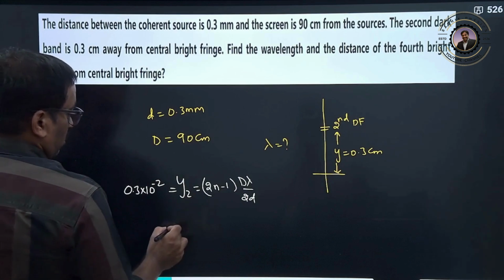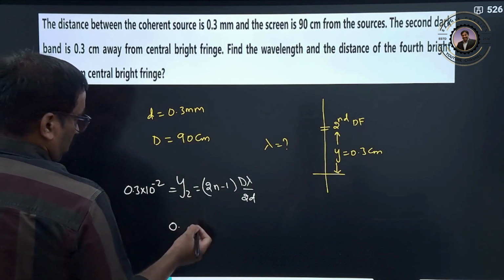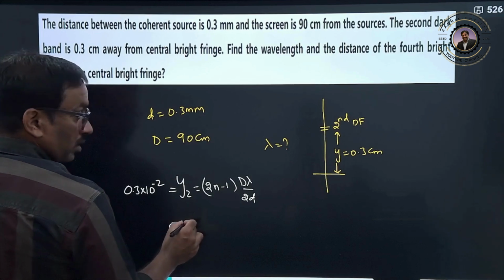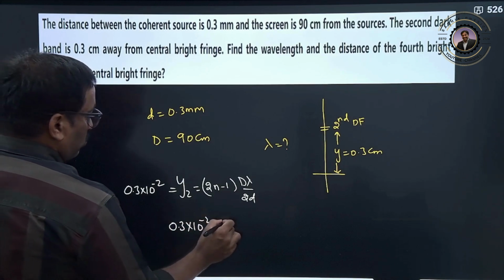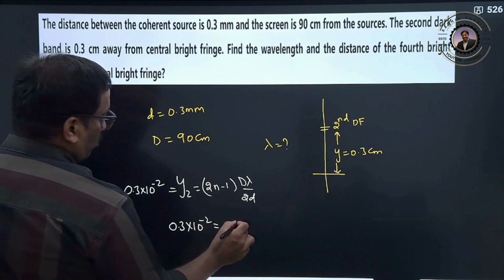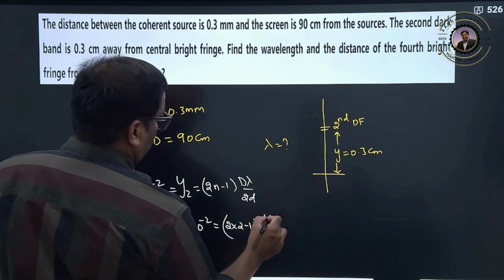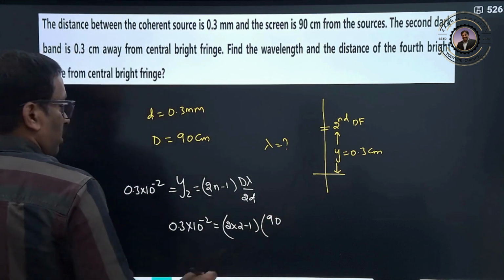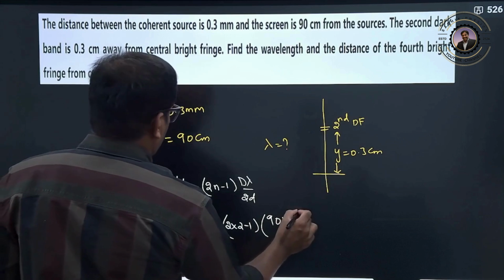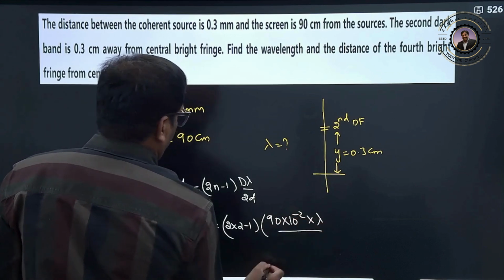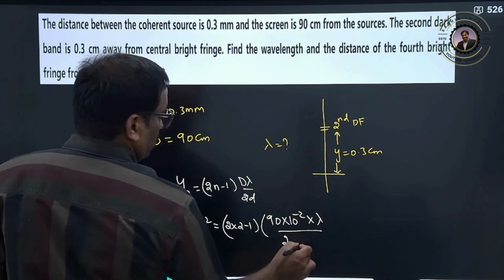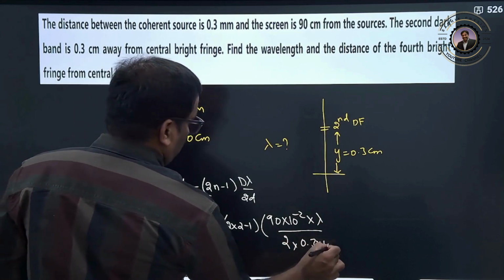That equals 2 into 2 minus 1 into, so D is how much now? 90 centimeter, 90 into 10 to the power of minus 2, so wavelength divided by 2 into 0.3 into 10 to the power of minus 3.